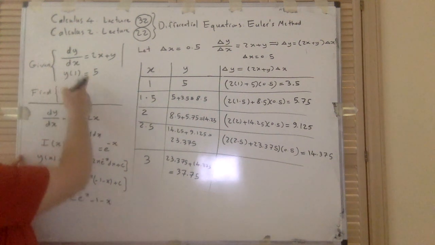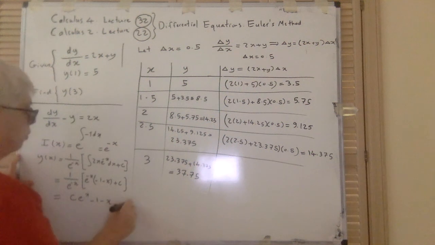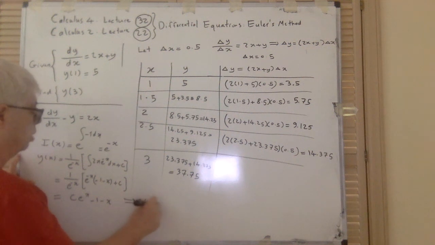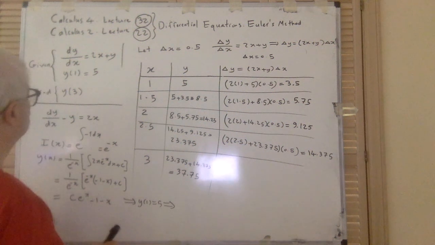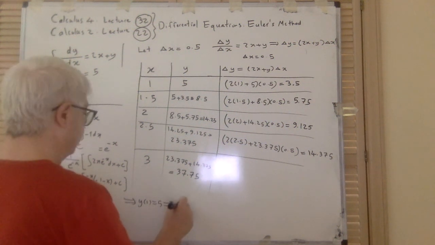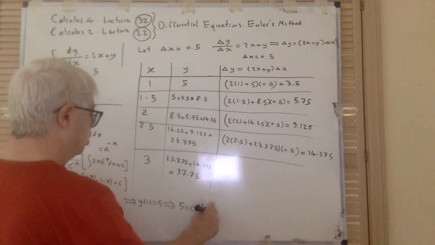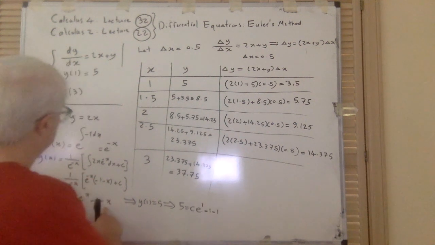And I have to use y at 1 is 5. So 5 equals c e to the power 1 minus 1 minus 1, right?